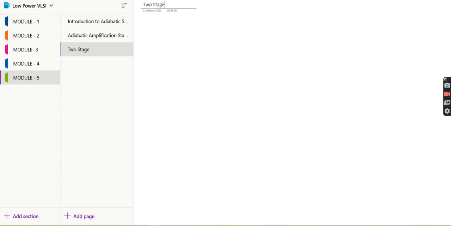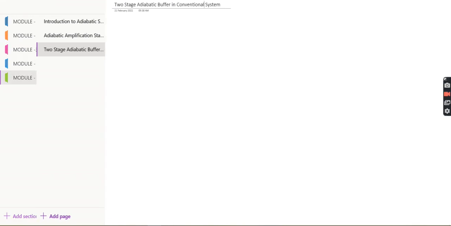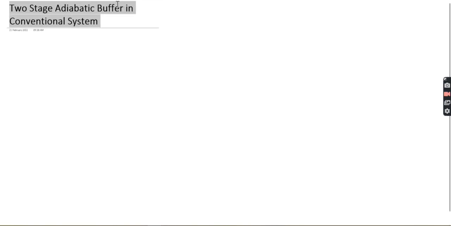Okay, so two-stage adiabatic buffer in the conventional system.